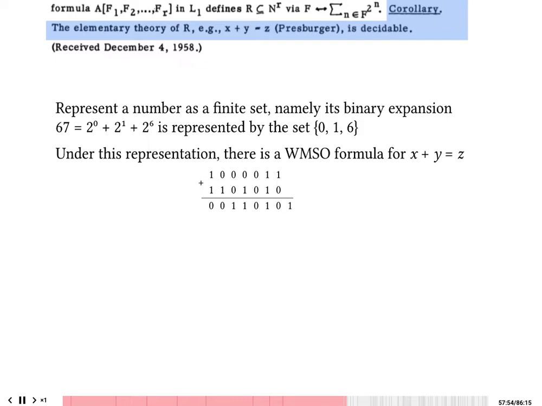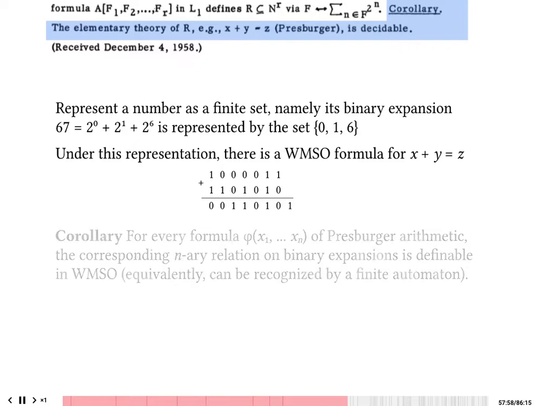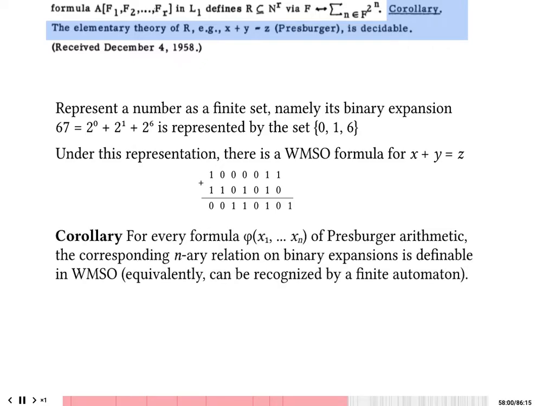All of this can be easily implemented by a finite automaton and also by a weak MSO formula. So a corollary is that for every formula of Presburger arithmetic, which is only allowed to use addition, the corresponding n-ary addition relation on numbers viewed as finite sets via binary expansion can be defined in weak MSO, or equivalently can be recognized by a finite automaton.